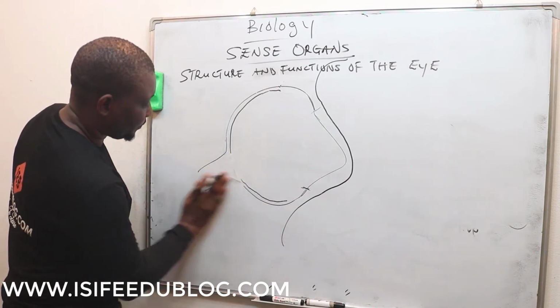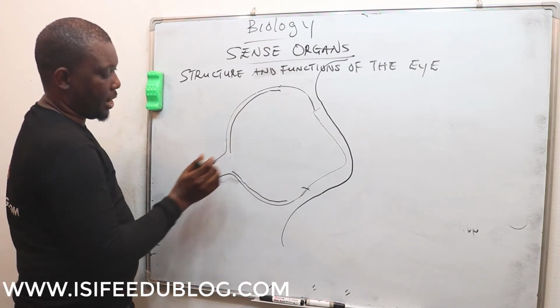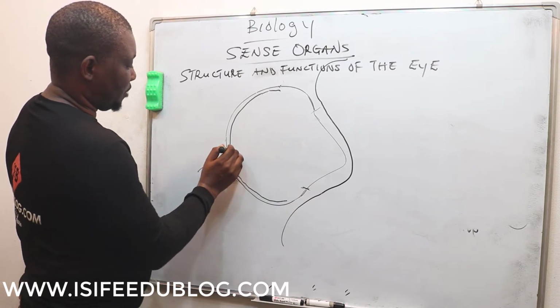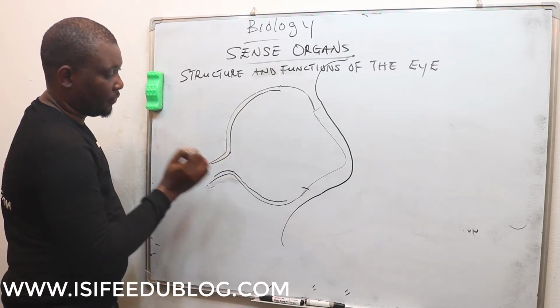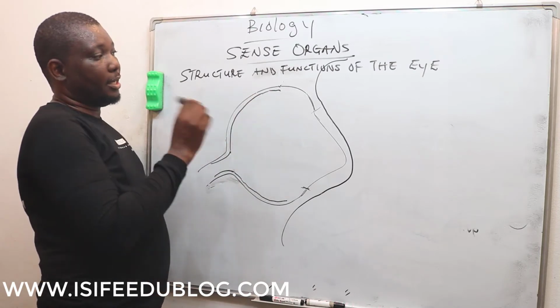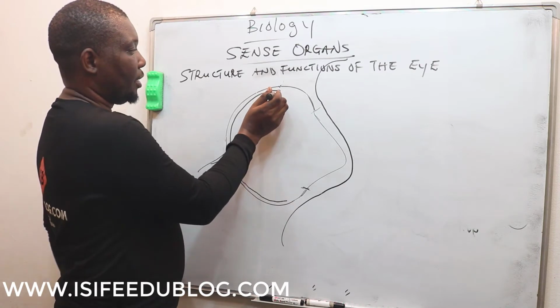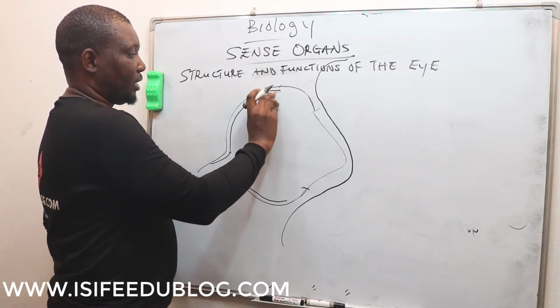And now, okay, this is the choroid part of the eye. Because I see that this part of the eye is vascularized. The part of this eye, the choroid, is vascularized. What is vascularized?